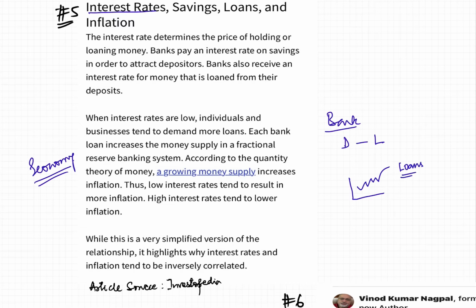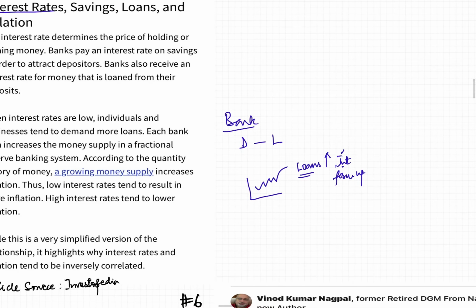When there is huge demand for loans, obviously the interest rates firm up. You might have heard this word if you are reading the newspapers. Firming up means the interest rates also go up.